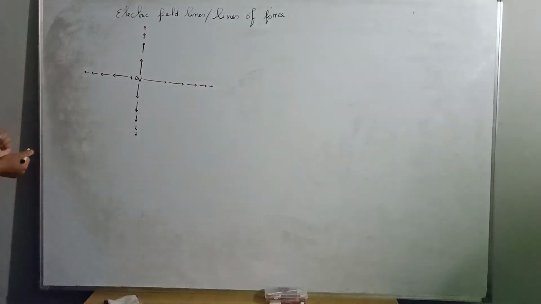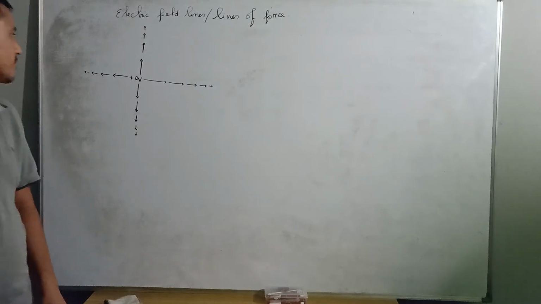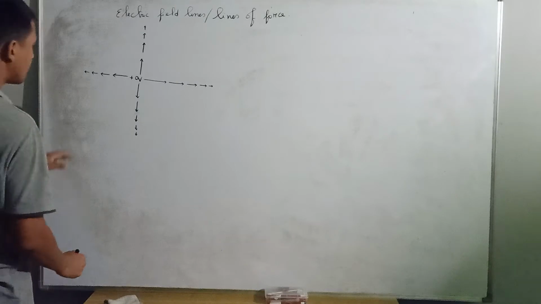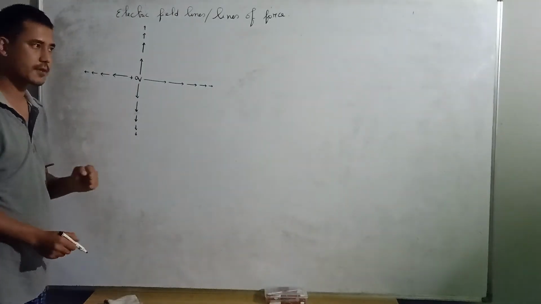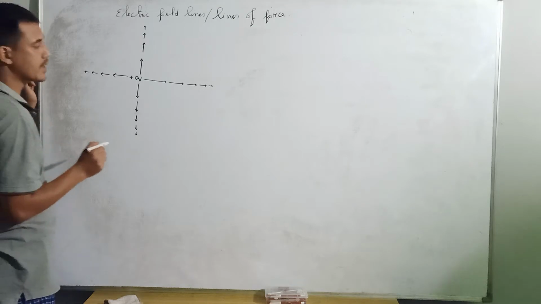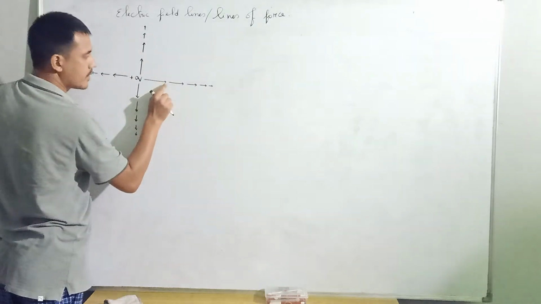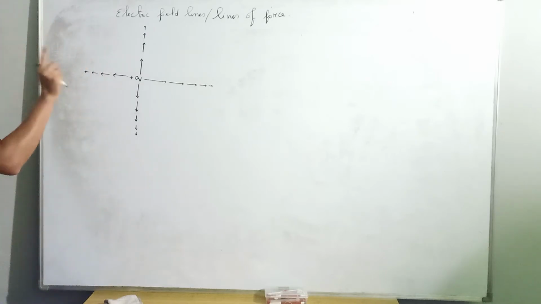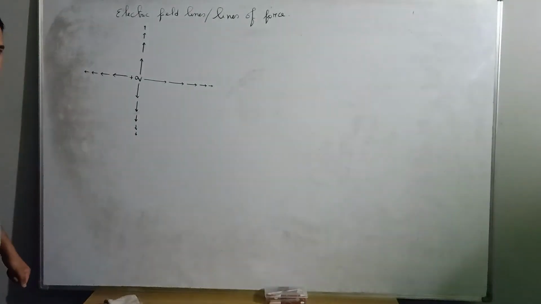What do you notice through this arrow? Faraday said like this. Just consider a positive charge plus Q. Then Faraday says that the arrowheads represent the direction of the electric field.